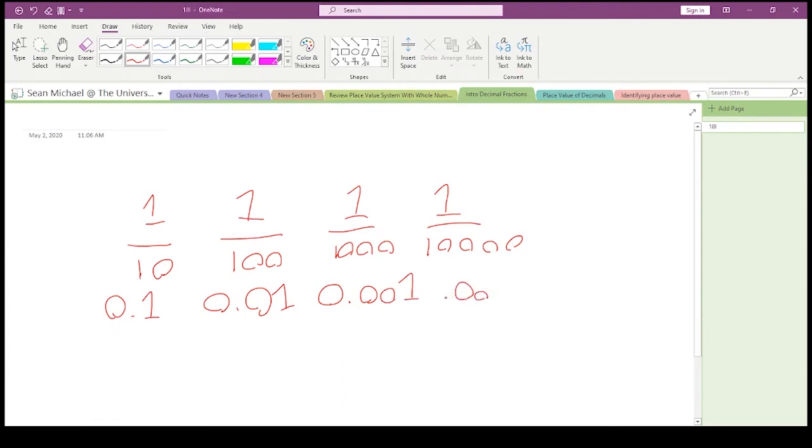Oh, I should put a dot there and a 0. And it goes on and on and on. Now, these are what we call decimal fractions, and the idea is that anything that is a multiple of 10, or 10 times 10, an exponent, I guess, of 10, is a decimal fraction. So it's the denominator that's really important here.